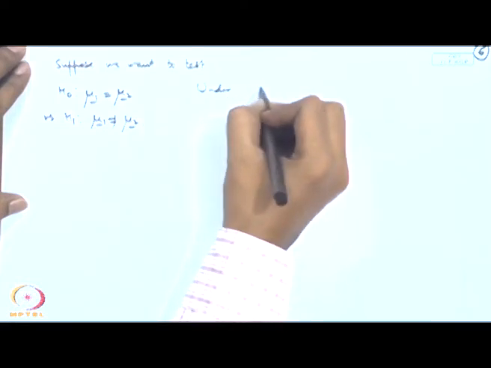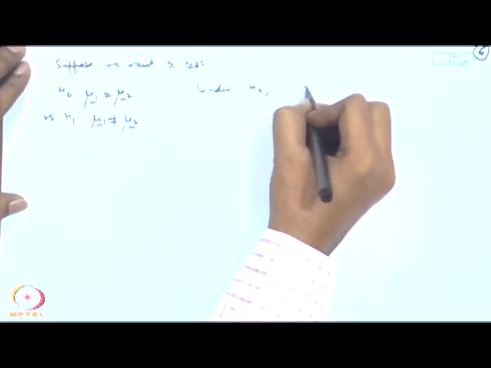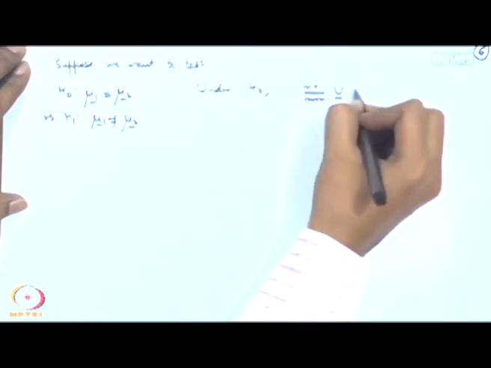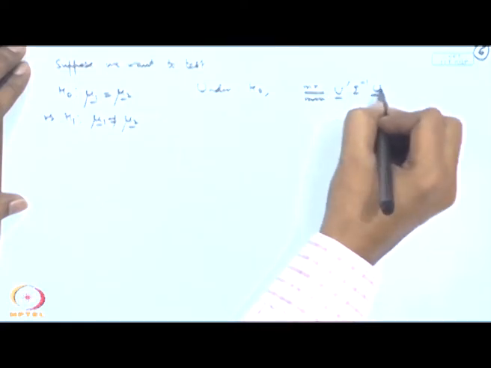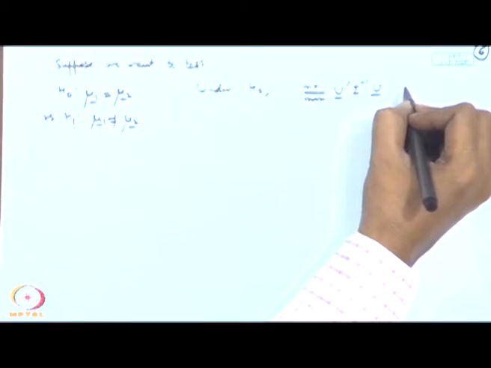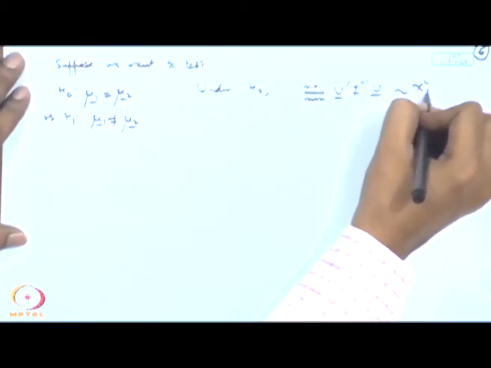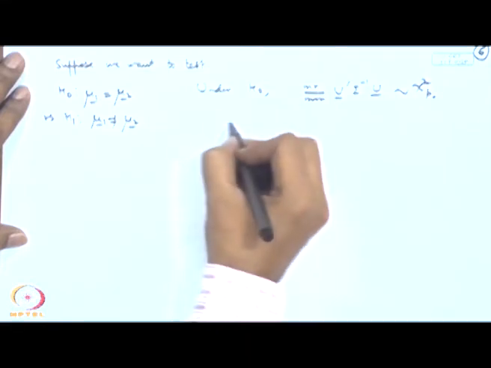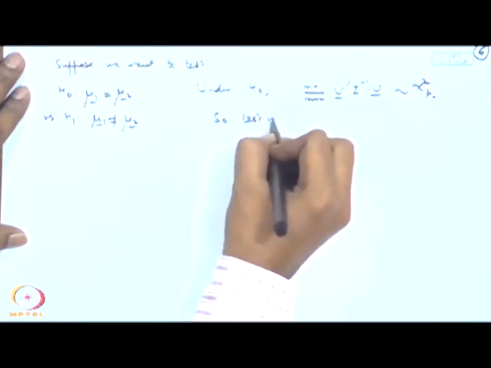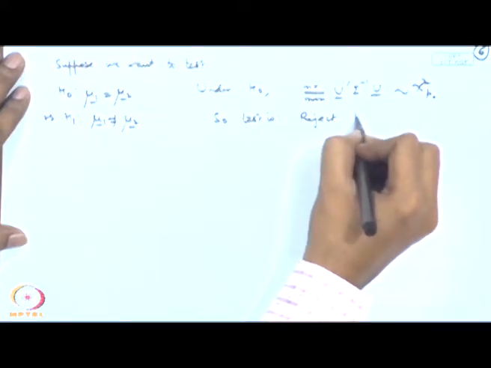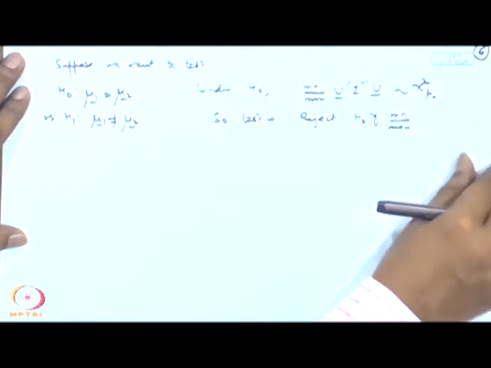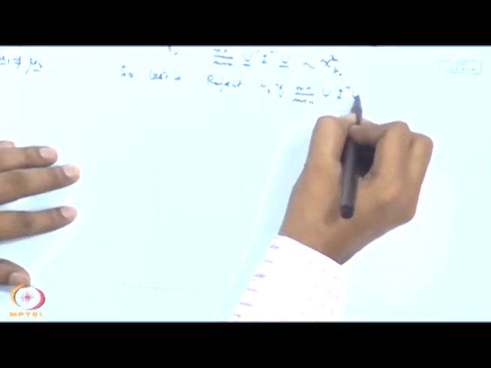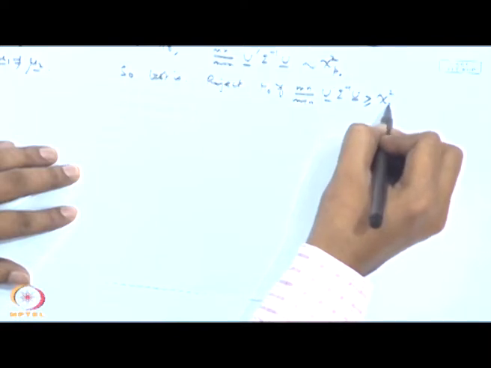So, under H naught, m n by m plus n u prime sigma inverse u will follow chi-square p distribution. So, the test is: reject H naught if this quantity m n by m plus n u prime sigma inverse u is greater than or equal to chi-square p alpha.